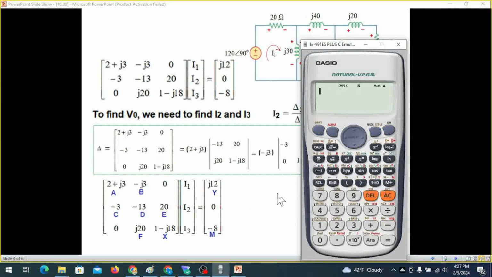And J12 is Y. So 12I, shift store, and Y, this is Y. Y has been assigned. And finally, minus 8, shift store, and value M. So this is M. So M has been assigned. All values have been assigned. And now we proceed to the next slide.